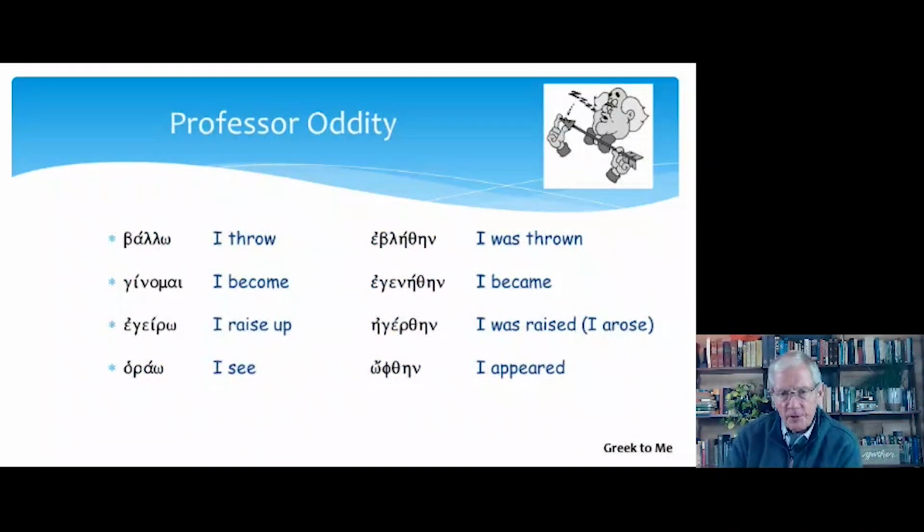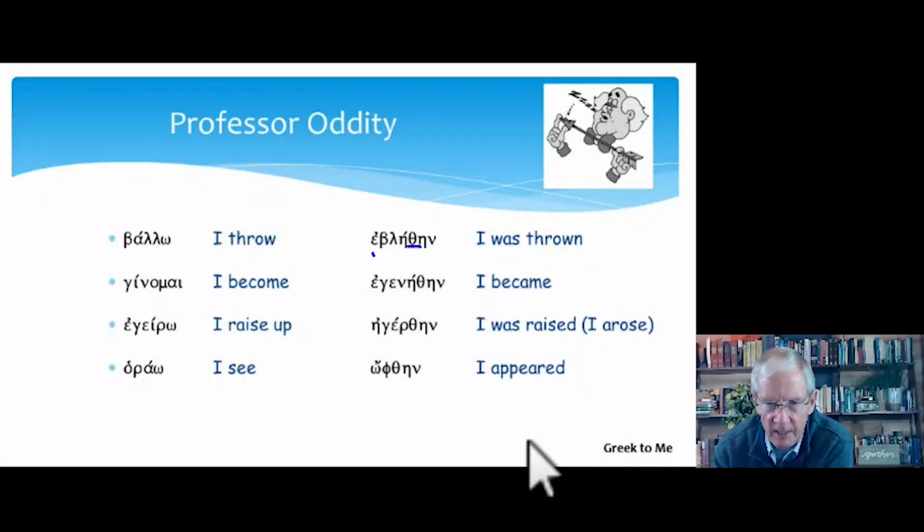All right, now we have some irregular verbs, and Professor Oddity is here on hand to help us. Ballo, I throw. Take a look at the first aorist passive, eblethane, eblethane. Here we see our augment, right there with the epsilon. There's our theta eta. So I was thrown. Now, ginomai is deponent, right? Here we have the aorist deponent indicative first singular, I became.